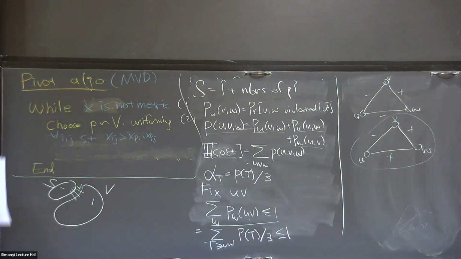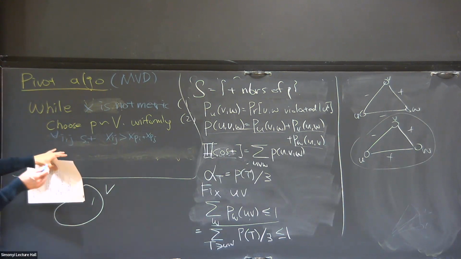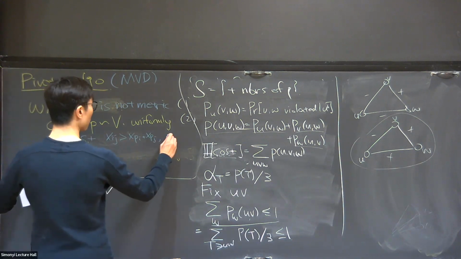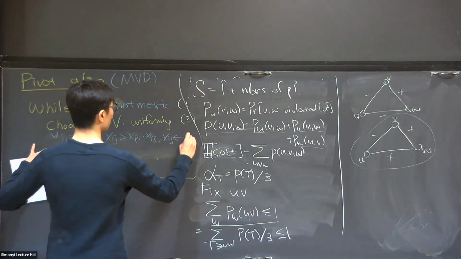So that's one possibility: there's a bad triangle involving P. I want to change this minimally. Actually, I don't pay for numbers, I only pay for modification. But still I'm gonna let Xij be the minimal change, the summation between these two.